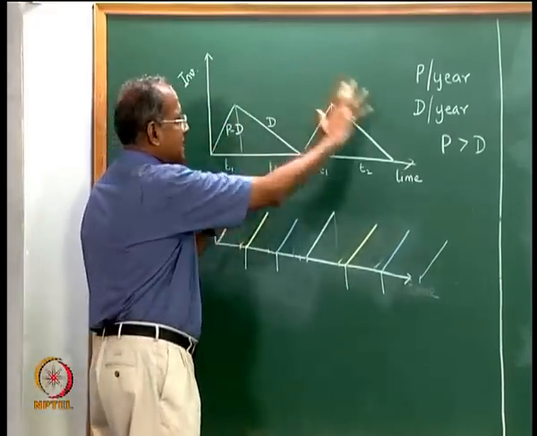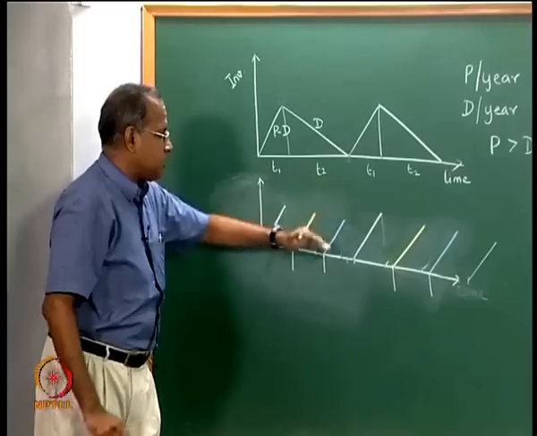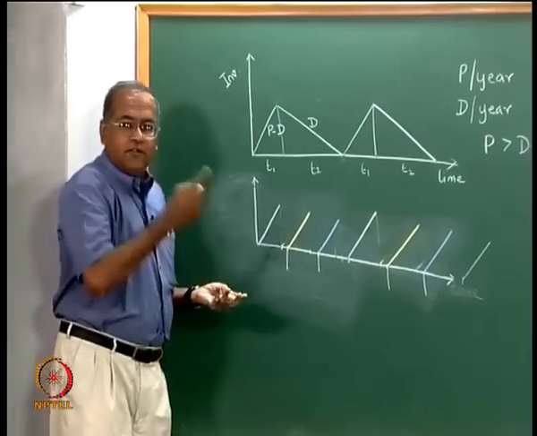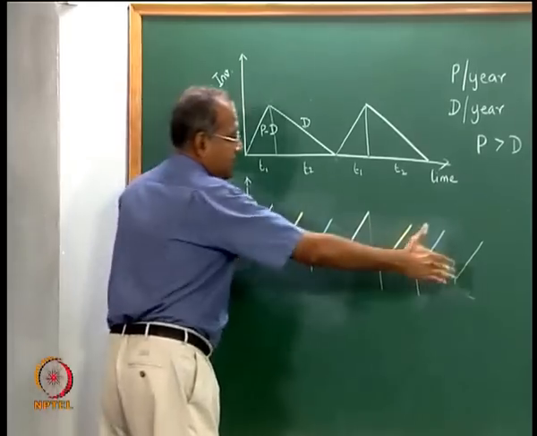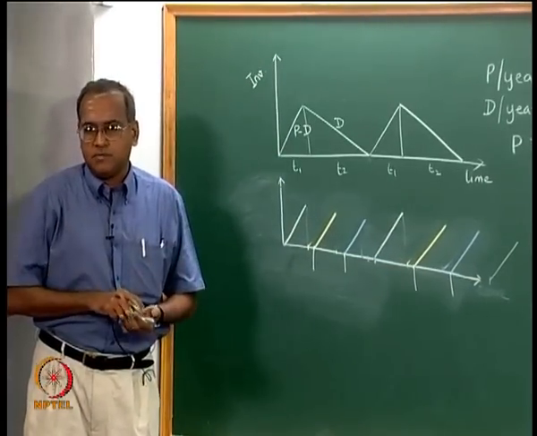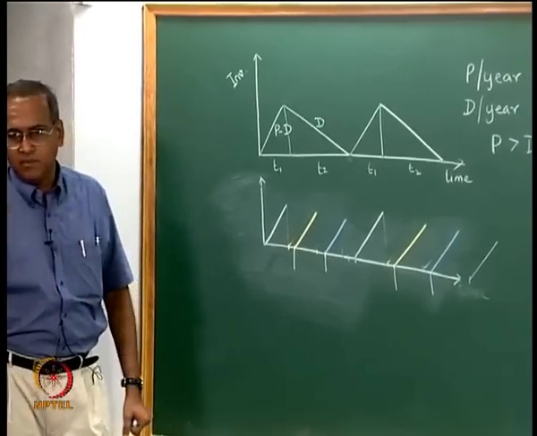So, for example, each item will show a figure like this, but the equipment will show figures like this. Now, if we take a particular item, the only condition is the cycle time T is the same for all the items. Capital T is the cycle time for all of them.